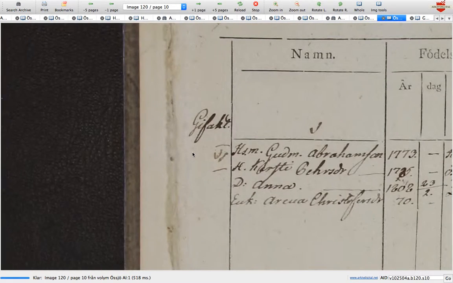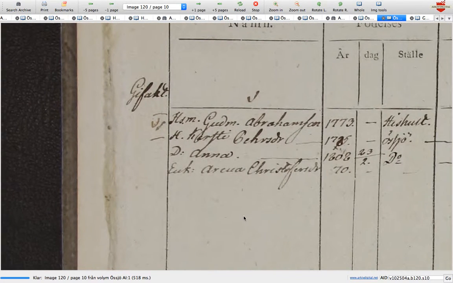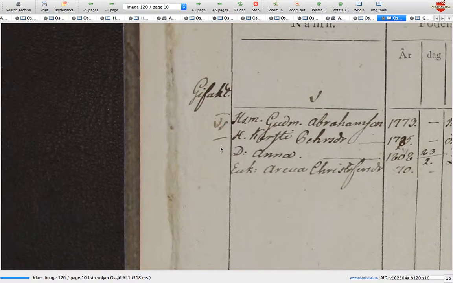And here we have a comment, änkan something Kristoffersdotter. Question is why she's living here. But she is poor and doesn't have to pay tax. Maybe they took care of her.